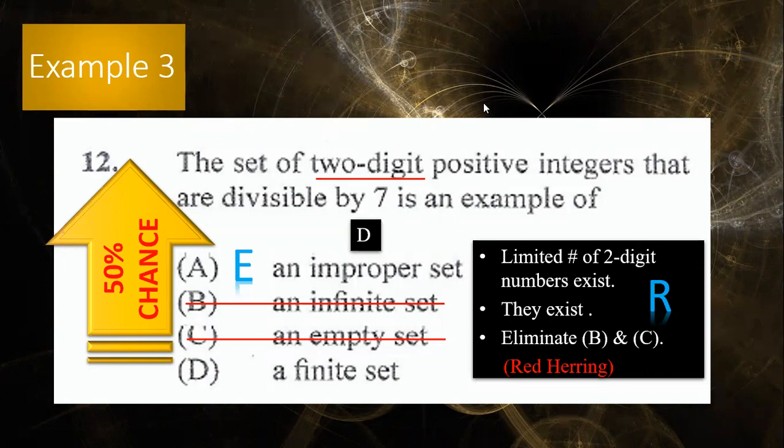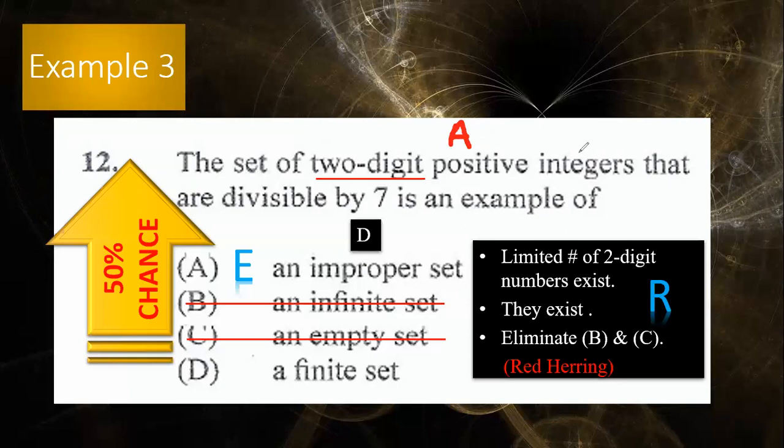So you're saying the set of two-digit numbers contains all the elements of another set. Well, no, we don't know what the other set is, so that'll be ambiguous. So A is an ambiguous answer. We don't know what the other set will be.